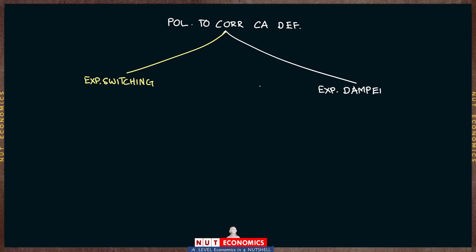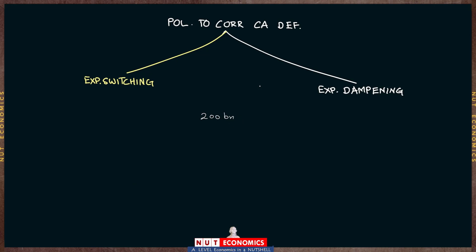As I said, I will tell you the specific policies, but first understand the difference between expenditure dampening and expenditure switching. This is really simple. Imagine that Pakistan is a country. Every year, let's imagine it spends $200 billion on goods and services.